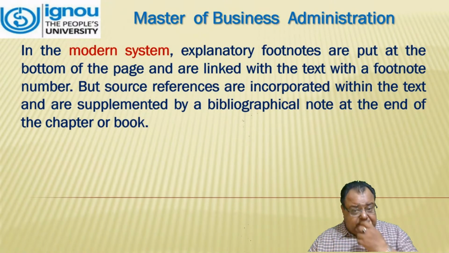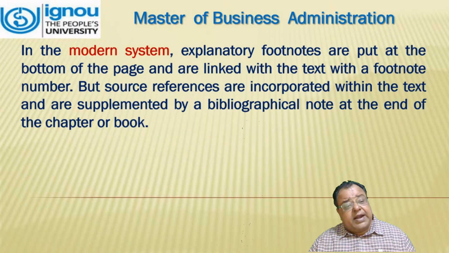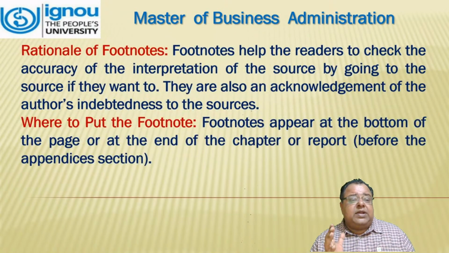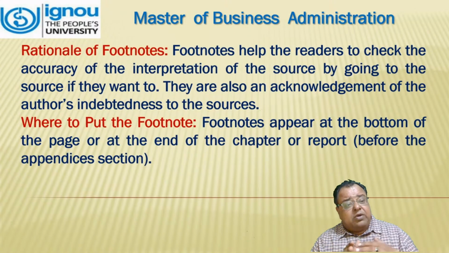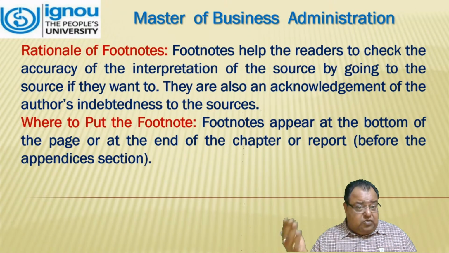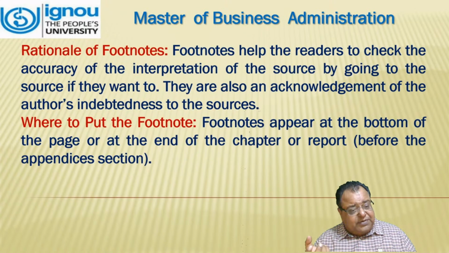But source references are incorporated within the text and are supplemented by a bibliographical note at the end of the chapter. Rationale of footnotes. Footnotes help the reader to check the accuracy of the interpretation of the source by going to the source if they want to. They are also an acknowledgement of the author's indebtedness to the sources.